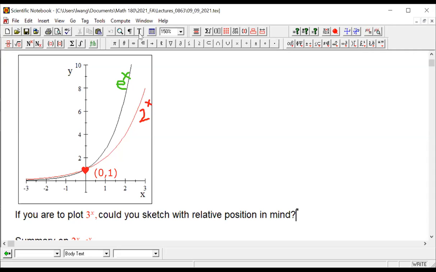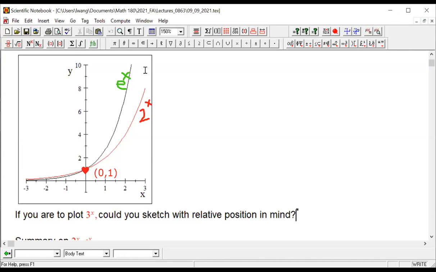But depending on the base, if it's base 2, it doesn't grow as fast as e to the power x. What if it's base 3? So where do you think 3 to the power x will be?